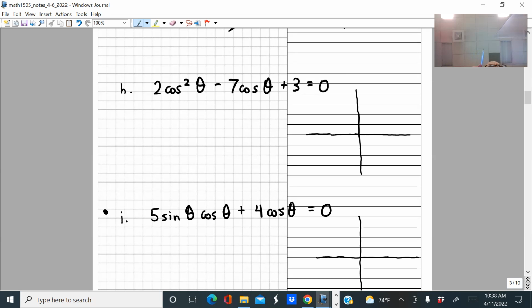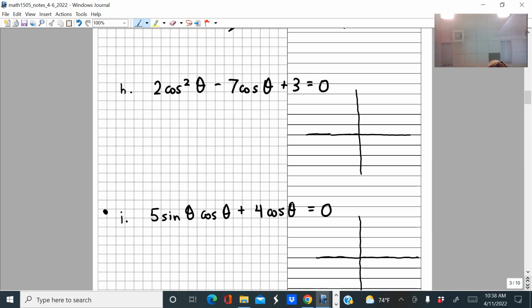First, think of the form of this equation. You have 2 times this quantity squared minus 7 times this same quantity, the quantity being cosine theta, right? Remember, this means cosine theta, and then squaring that quantity, not cosine of theta squared. So you have 2 times this quantity squared minus 7 times the same quantity plus 3 is equal to 0.